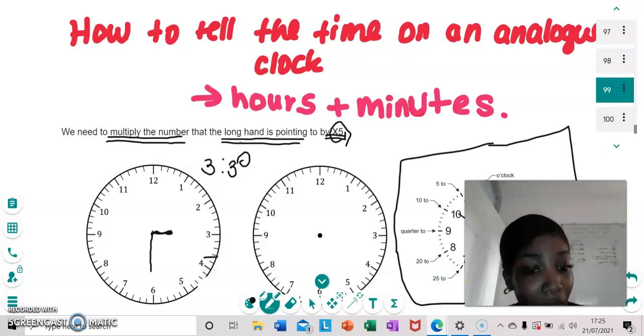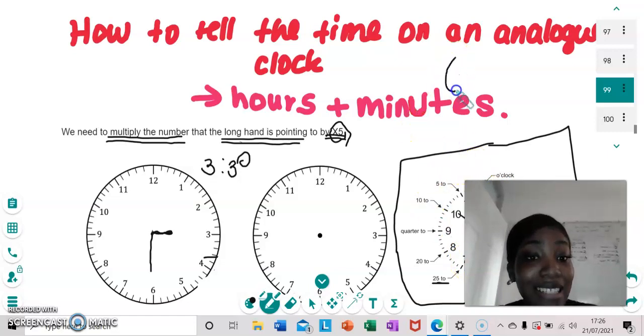But when we get past the 6, which is past half of the clock, we could say that this would be 25 to, okay? And the reason why it's called 25 to is because, remember, if this long hand is pointing to the 7, that means it'll be 35 minutes past the hour, which means we only have 25 minutes left of the hour because there are 60 minutes in 1 hour.